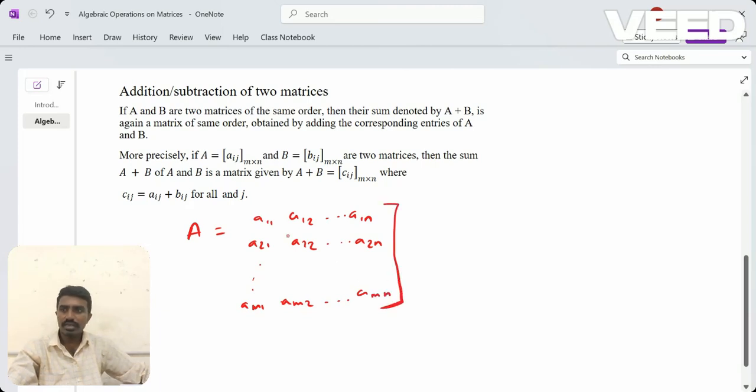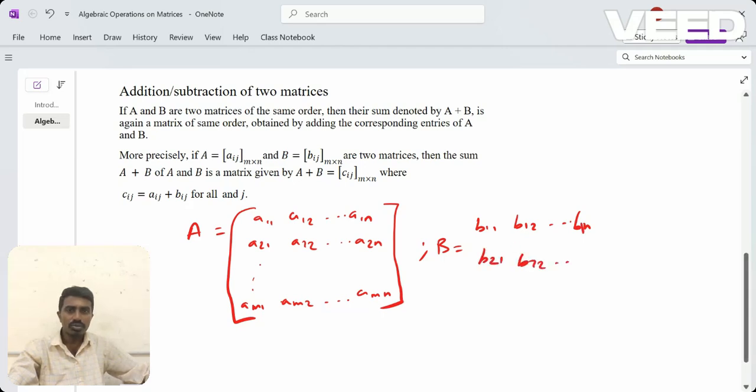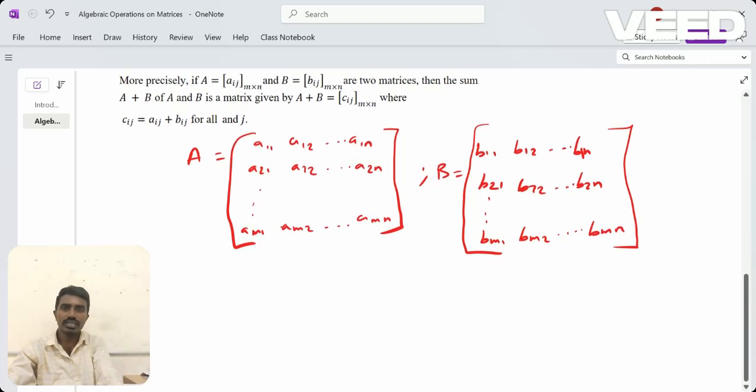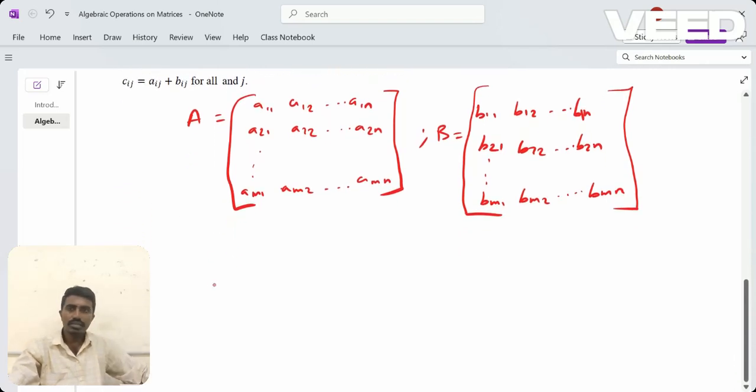And consider another matrix B equal to B11, B12, so on up to B1n, B21, B22, so on up to B2n, and so on up to Bm1, Bm2, and so on up to Bmn. Note that their order should be the same, then only addition and subtraction is possible. Then A plus B equals, you have to add the corresponding elements.